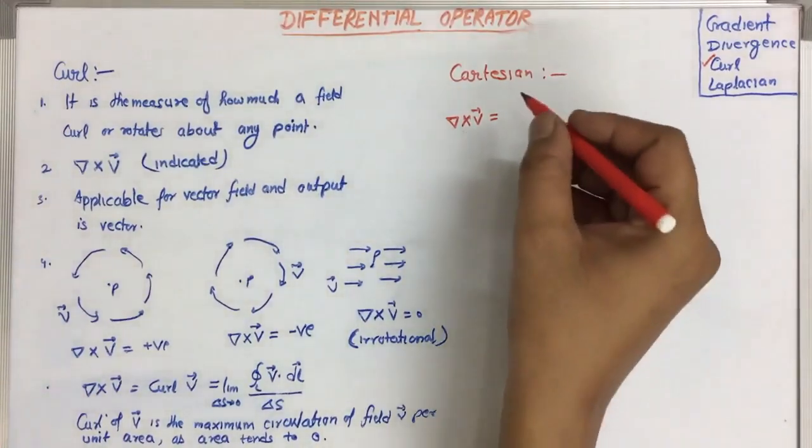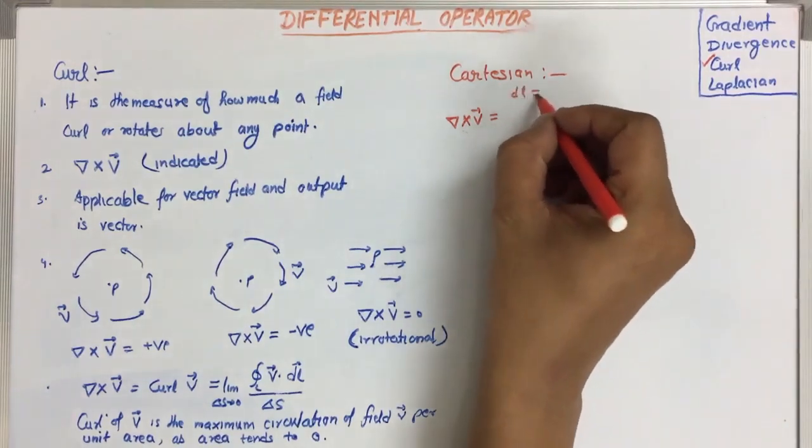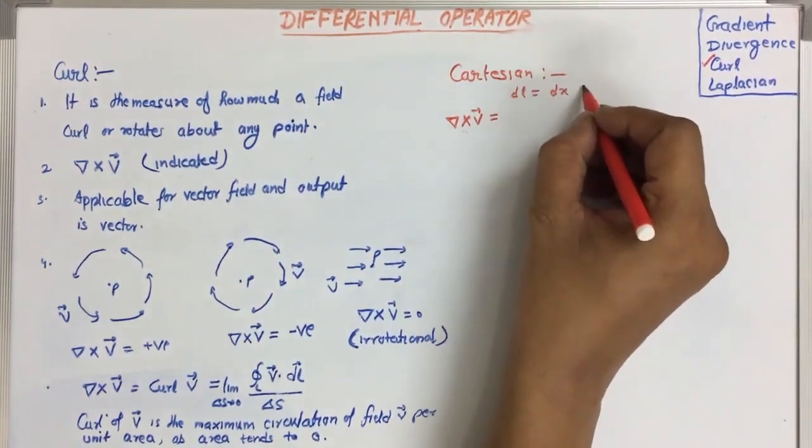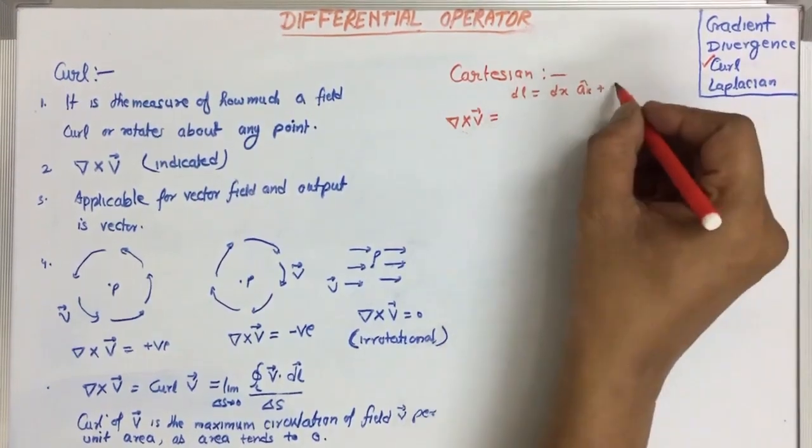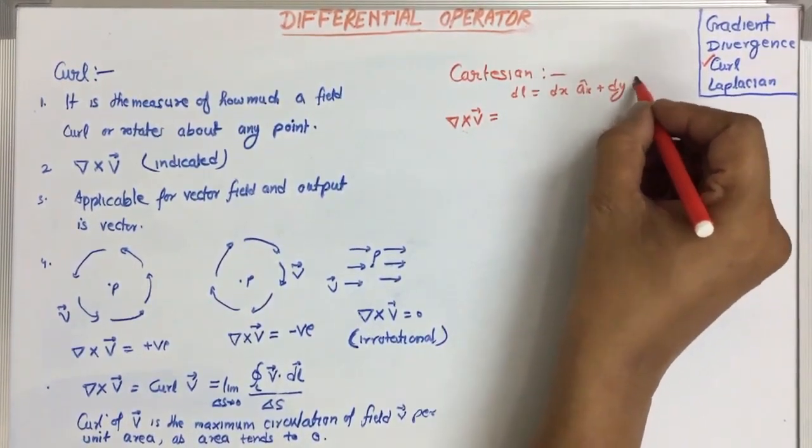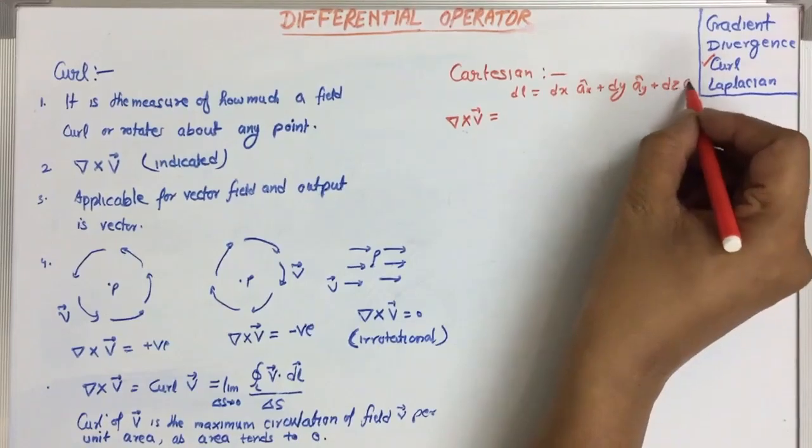The differential length in the case of Cartesian can be written as dx ax cap plus dy ay cap plus dz az cap.